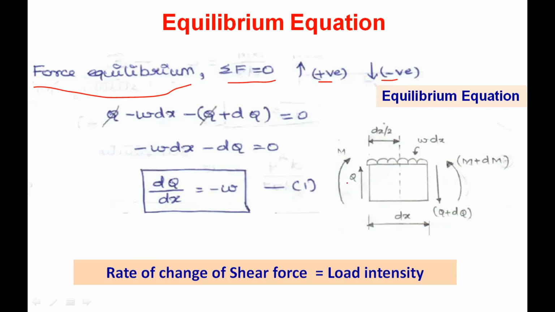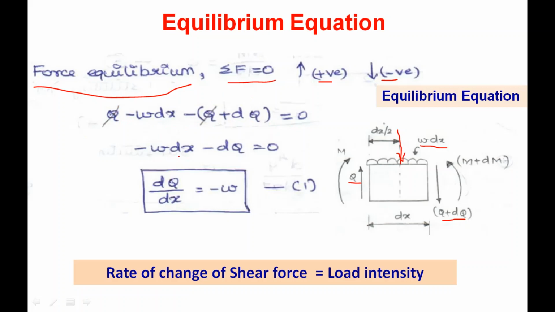With this sign convention, when you add the forces acting on this free body, this Q is positive, Q plus dQ is negative, and this W dx is acting vertically downwards at this point. This is also negative, so that is Q minus W dx minus (Q plus dQ) equal to 0.